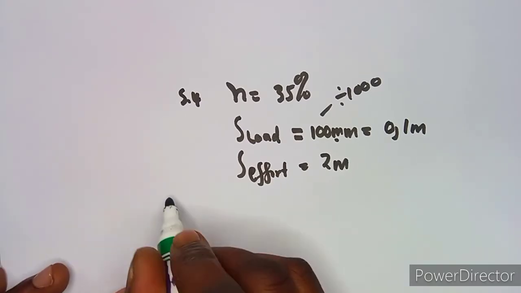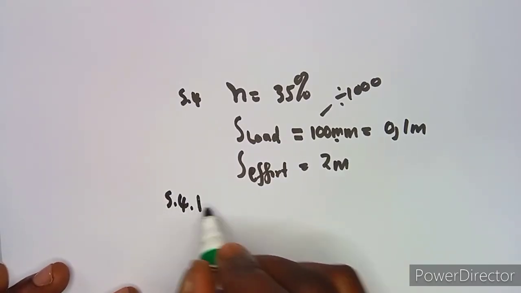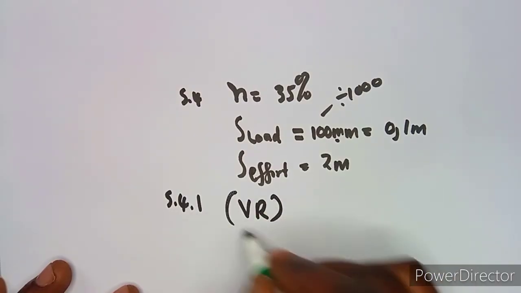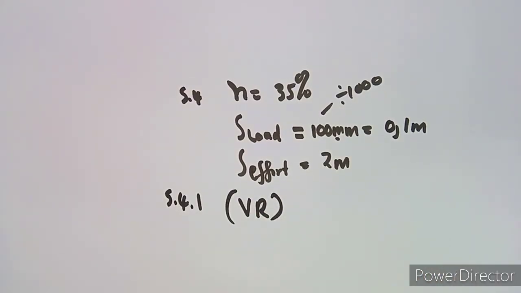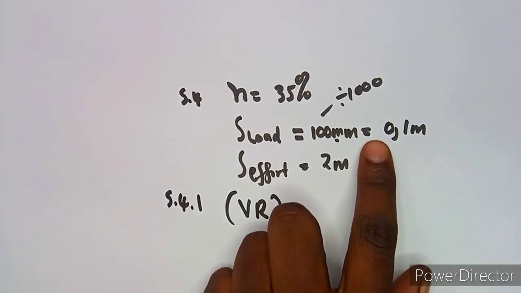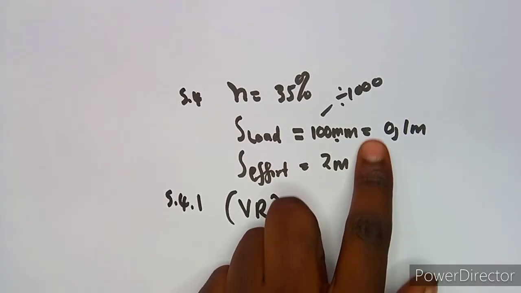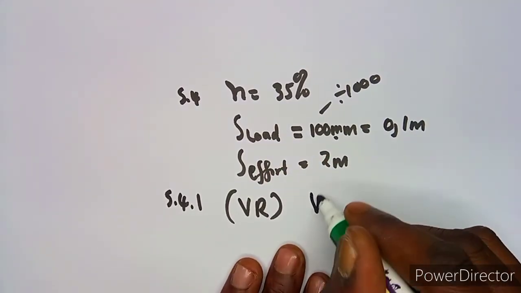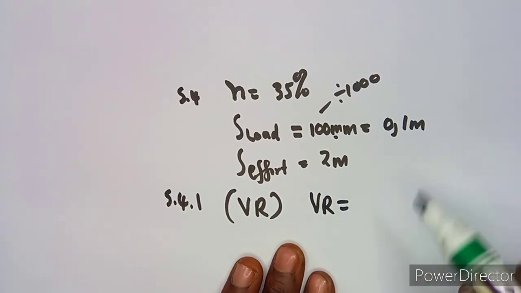We actually talked about this before, guys: when you are asked to find the velocity ratio, we obtain it from the distances which were moved, because we have the load and the effort. So the formula is velocity ratio equals effort distance over load distance.